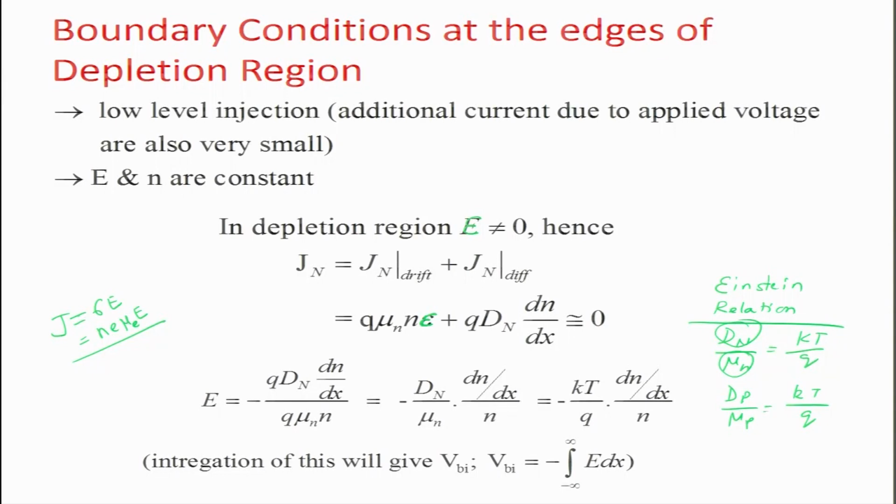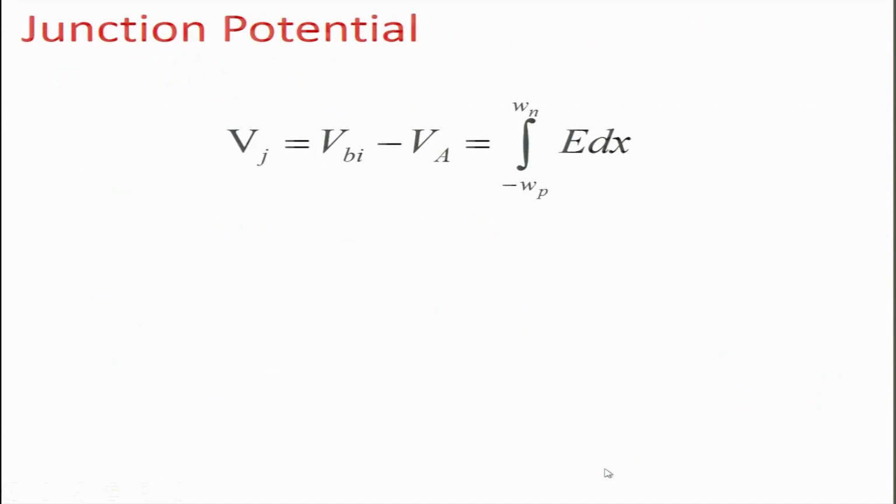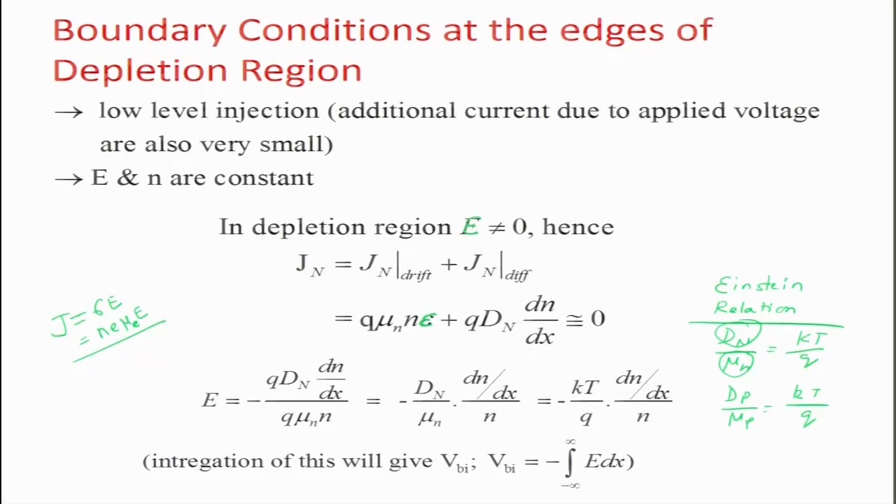So, it relates the microscopic parameter mobility to diffusivity. If I replace Dn by mu n by kT by q by virtue of the Einstein relation, I get this relation, and if you integrate this electric field from minus infinity to plus infinity, you will get the built-in potential.